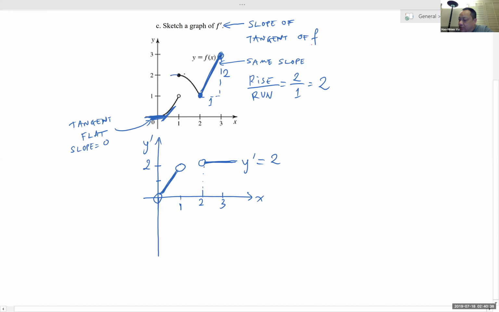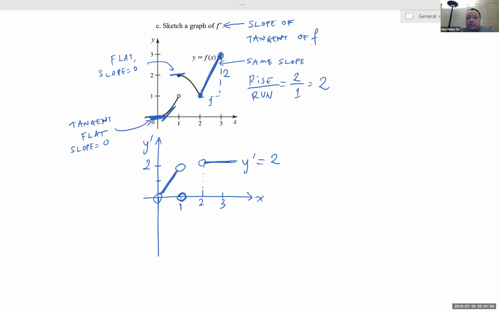The second segment also looks like it starts out with a flat tangent, so the slope also starts out equal to 0. So my y prime starts out at y prime equals 0. Note that the curve itself is way up at y equals 2, but I'm not looking at that y equals 2 value.